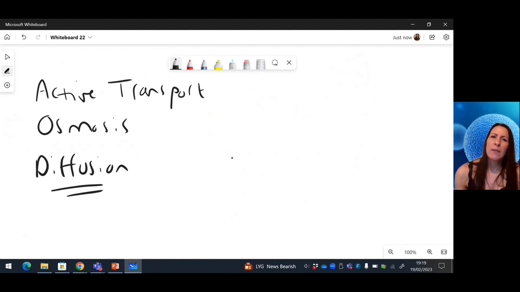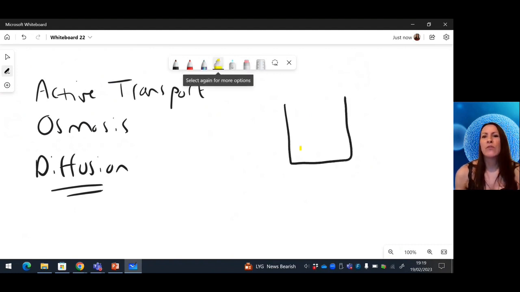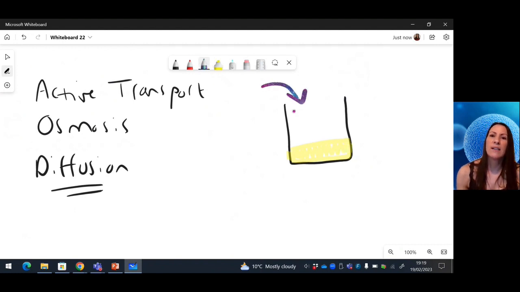I always think of a glass of orange juice. Say it's concentrated orange juice where you have to add the water. If I put the concentrated orange juice in the bottom of the glass and then add water, eventually all the water and the orange juice is going to balance out, so it looks all even.